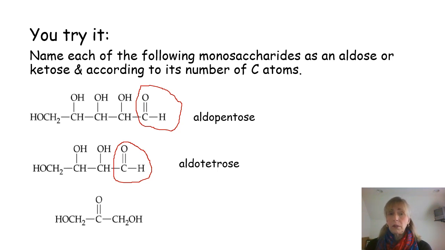And our last one, we see a carbonyl. Okay, it's not an aldehyde, right? And then we have a carbon on either side. So this is a ketose, and there's 1, 2, 3 carbons. So it's a ketotriose. Notice that the hydroxyl groups are not always expanded.